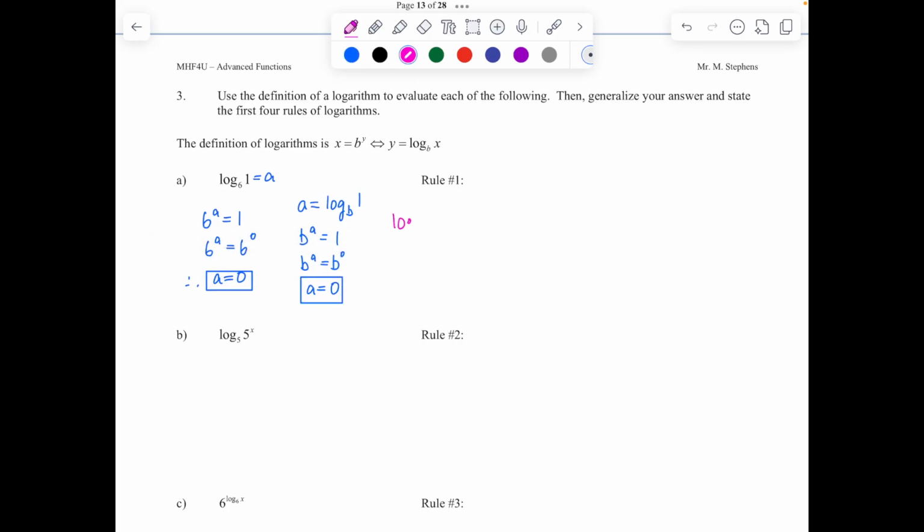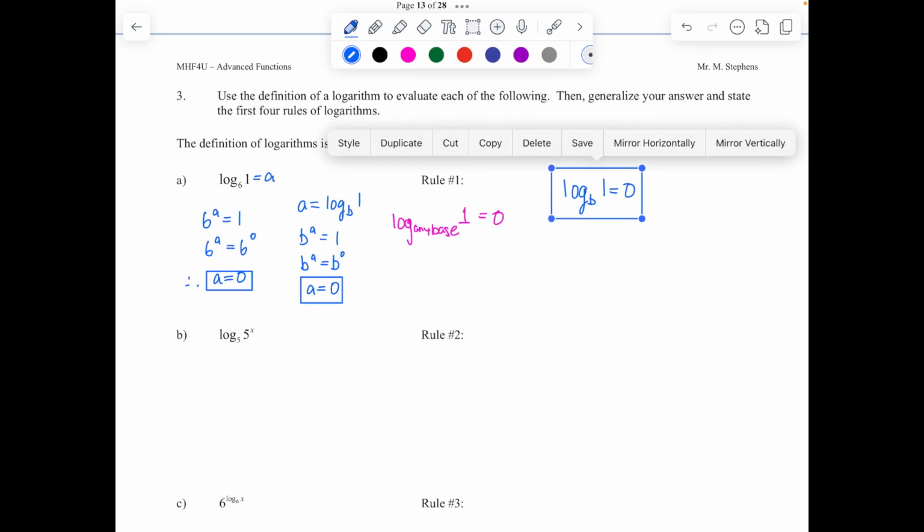Essentially, log of 1 in any base equals 0. So I'm going to write that a little more officially. So this is true of any base, and of course we know that bases are never zero. So this is rule number 1.